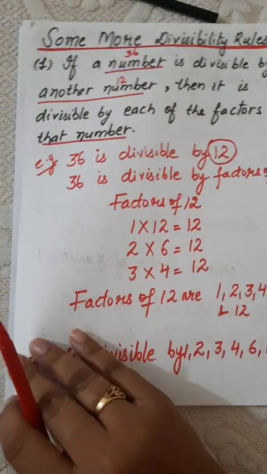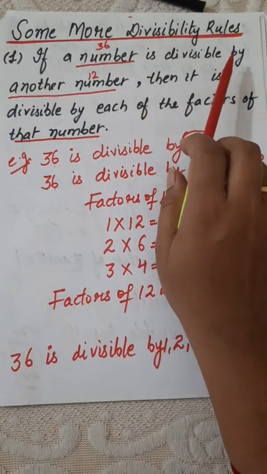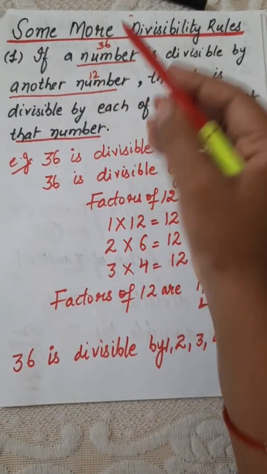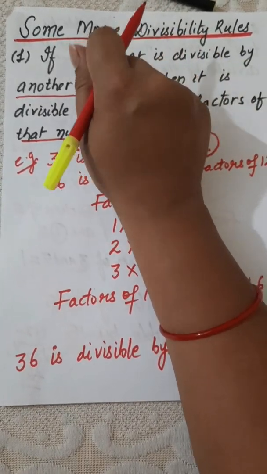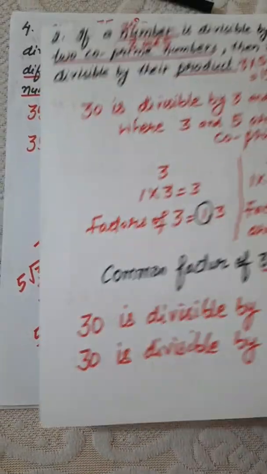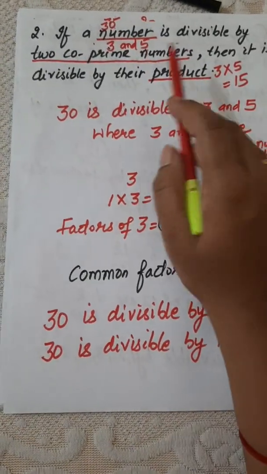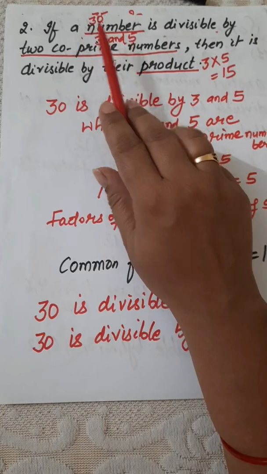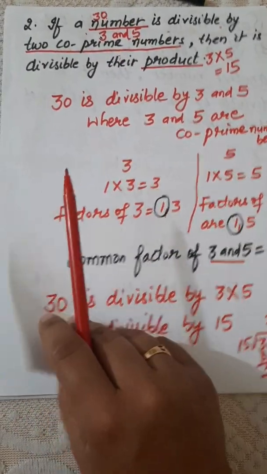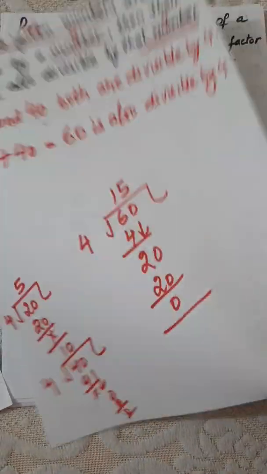So our first rule was if the number is divisible by another number, then this given number is also divisible by the factors of that number. Then we have the second rule. If a number is divisible by two numbers and both the numbers are co-prime, then this number is also divisible by their product. Then we have the third point.